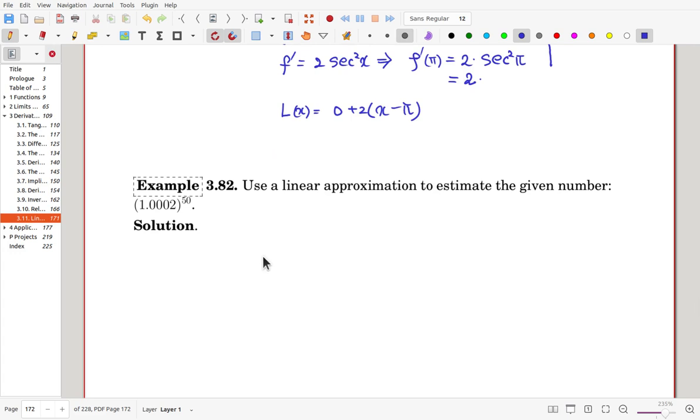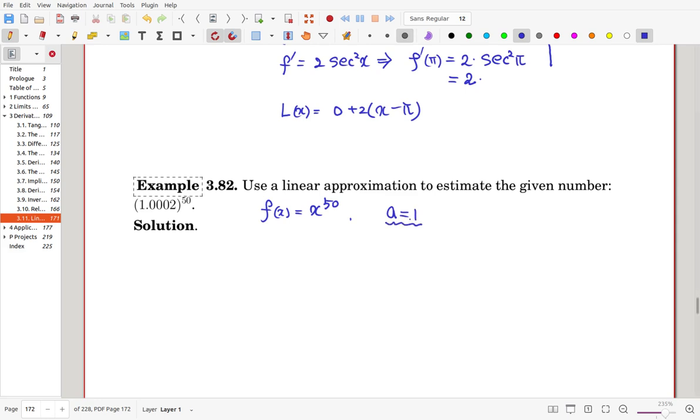Now, we have to use linearization, linear approximation, to estimate the given number, 1.002 to the 50. Once you want to use linear approximation, you have to consider the background function. For the given term, f(x) must be x to the 50, so we can choose a = 1.